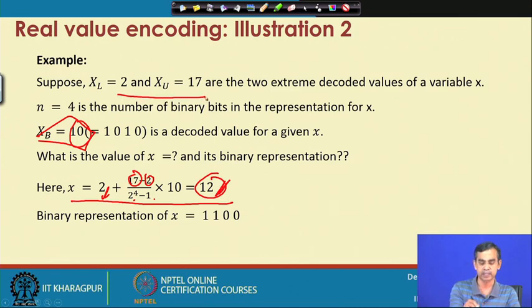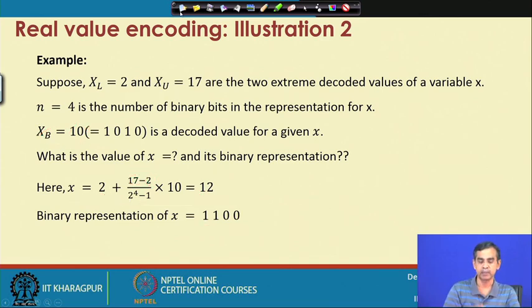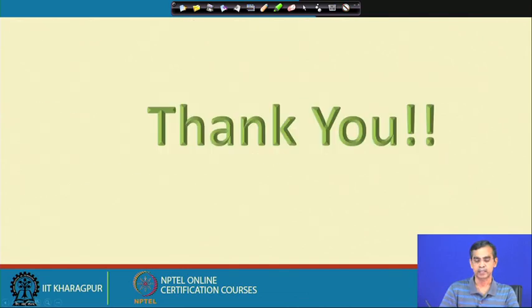In the range 2 to 17, this 12 can be represented using binary. So here is the idea: within a particular range XL and XU, and given the obtainable accuracy, we will be able to represent any real value in the binary encoding scheme.